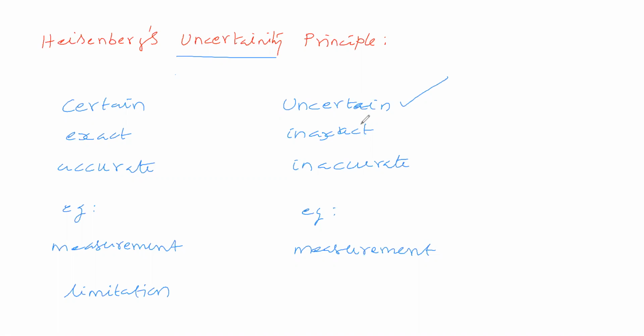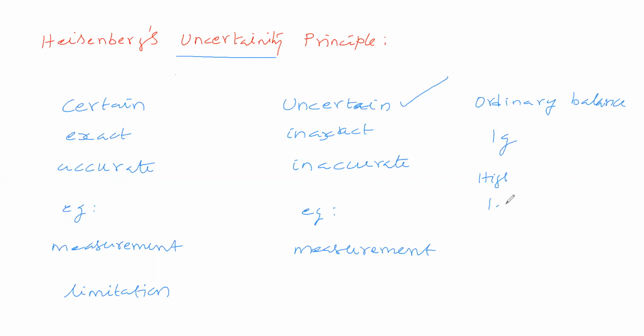For that, consider an ordinary balance. Using an ordinary balance, suppose we are measuring 1 gram. Now we will use a high-tech balance, which has higher efficiency than this.